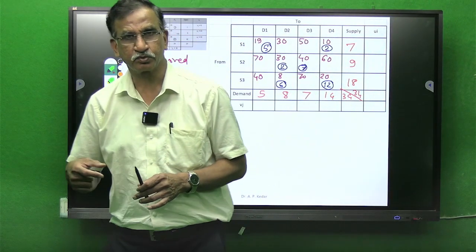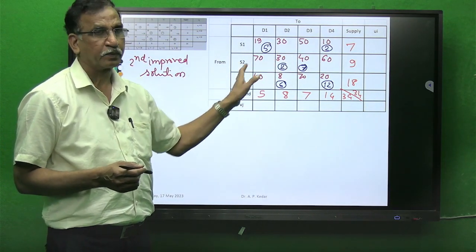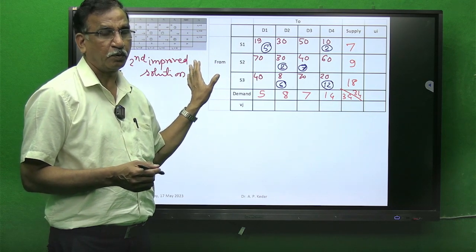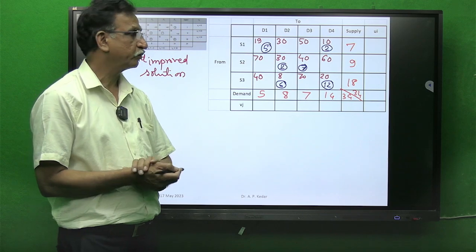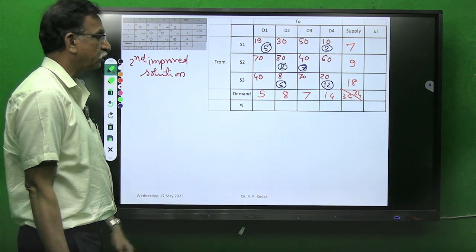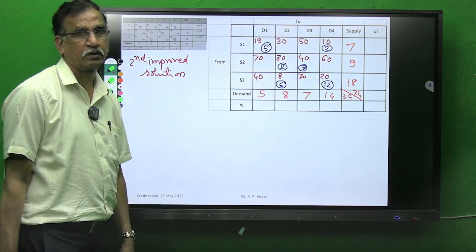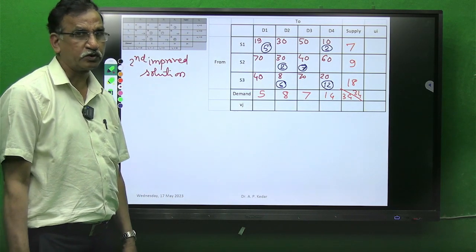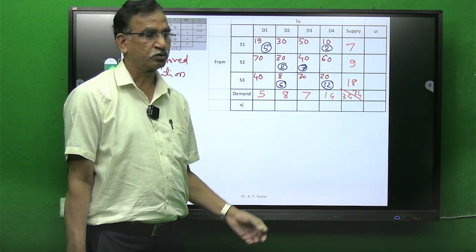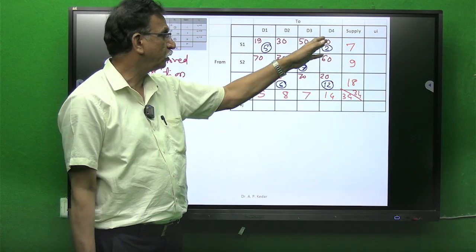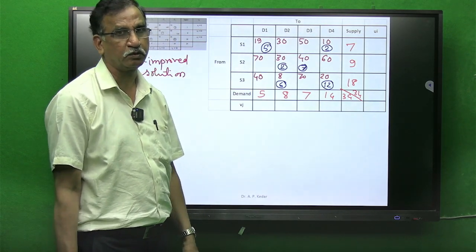Again we have to repeat the same process till you get opportunity cost either 0 or positive. Now here in last case, if you recall my dialogues, which of U1, V1, V2, V3 to take 0. So in that case, if you recall, we have taken V4 0 because there were maximum allocations in that fourth column.